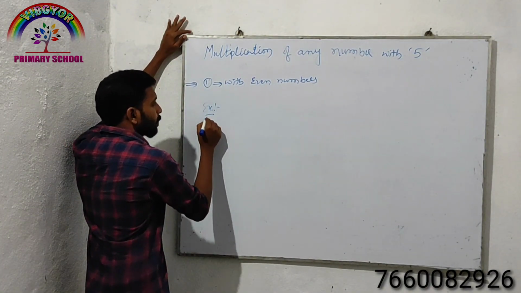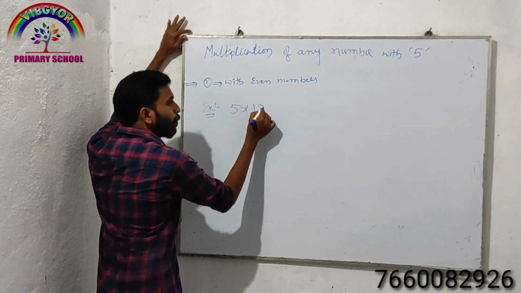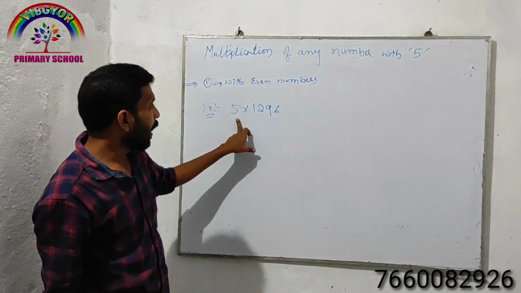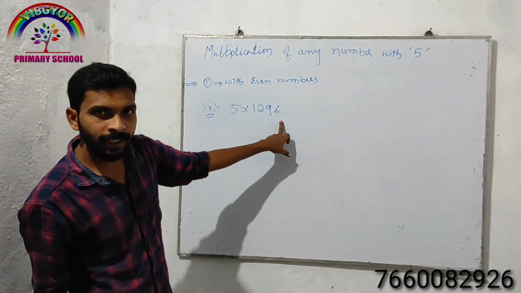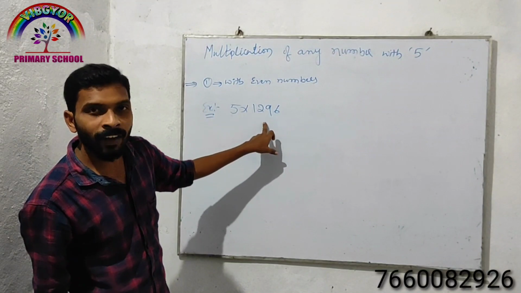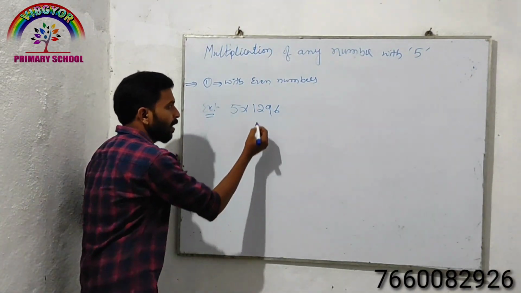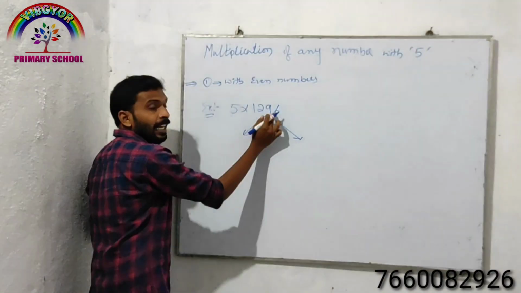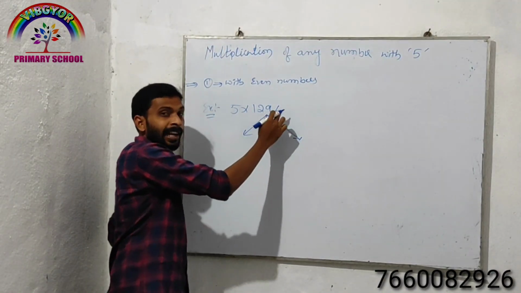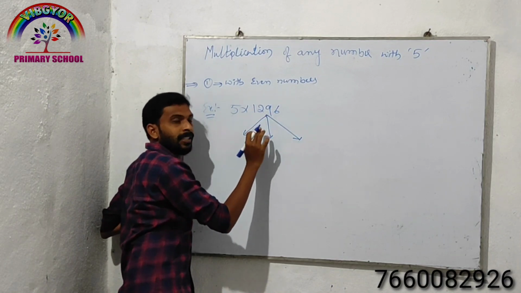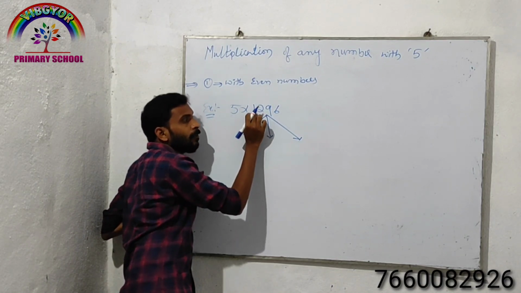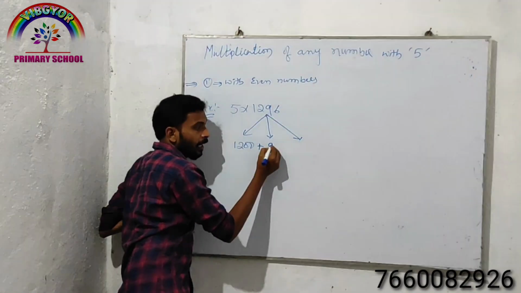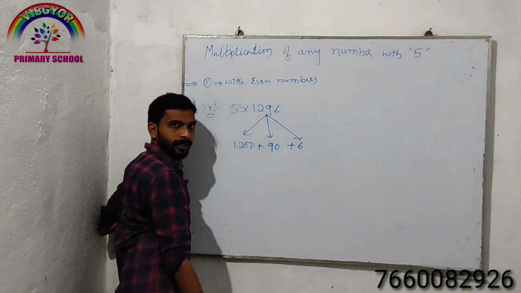Examples. 5 is going to be multiplied with 1296. Then now, to get half of this number, split this number. I am splitting this number in 3 parts. 1296. But here I am considering it in an easy way: 1200 plus 90 plus 6.